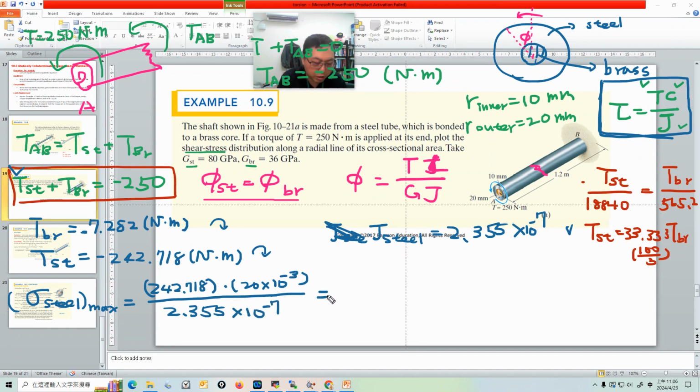So the maximum is, let's see, 242.718 times 20 divided by 2.355, times 10 to the power 7, 4, and 2, 6. Oh, it's very small. So it's 20.61 megapascal. Is my answer right?